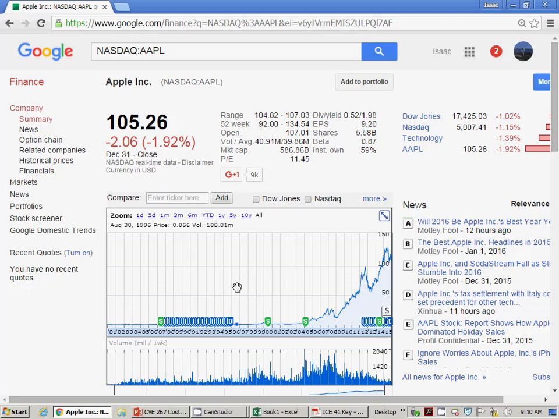All right. Apple was 86 cents back then, and now it's $105. So if your parents had invested in Apple, think about how easy your life would be at this point. You could light fires with money.